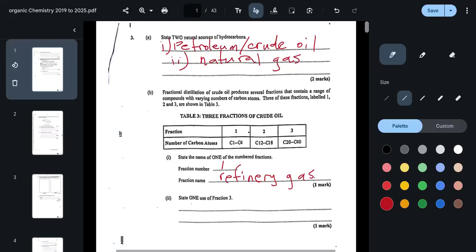I remember when I asked you in previous classes, I said the main use of alkanes is as fuel, so it would come back into here. So the refinery gas is for domestic use, such as cooking.